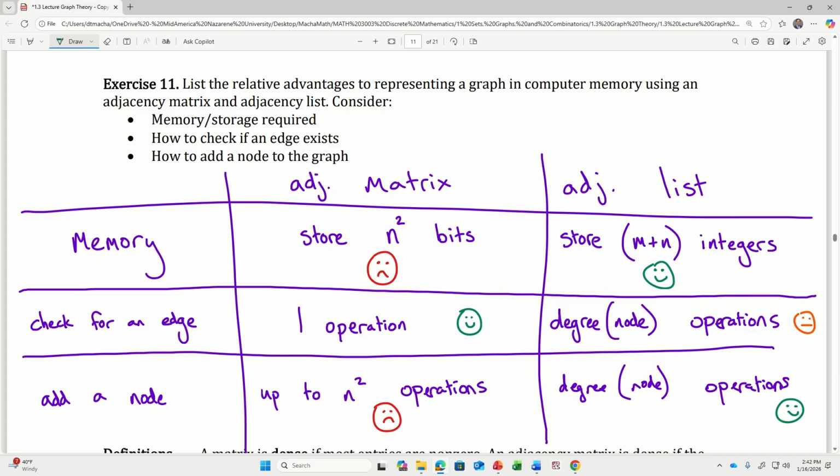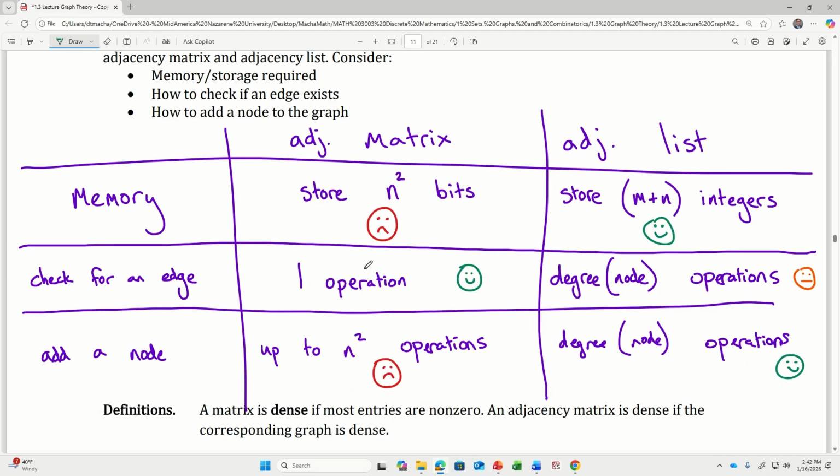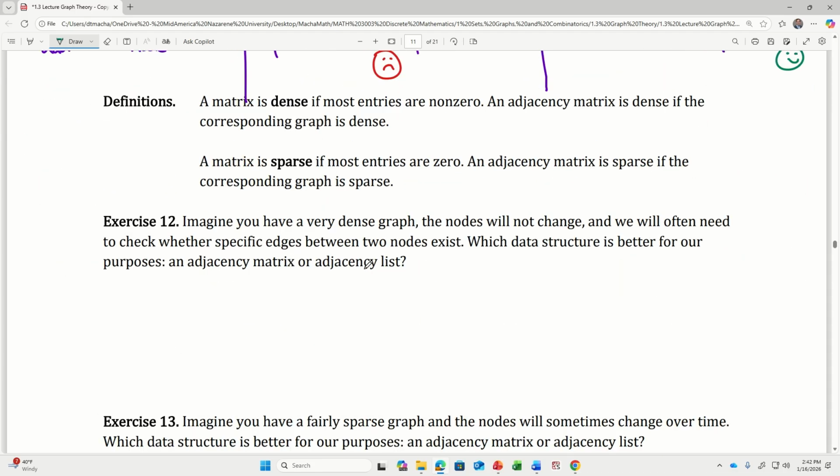Using the eigenvalues, it ranks the pages. But you can't calculate eigenvalues from an adjacency list. You have to create the adjacency matrix before you can calculate eigenvalues. So in certain computer science applications, you have to use the adjacency matrix, even though it eats up a ton of memory and it's hard to add nodes. So can't forget about it.